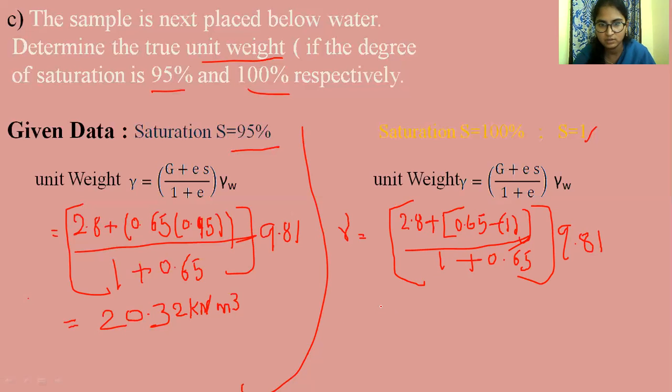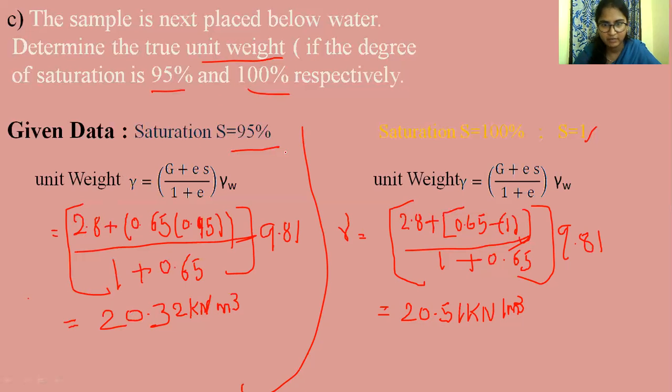That is equal to the unit weight for saturation 100%, 20.51 kilonewton per meter cube.